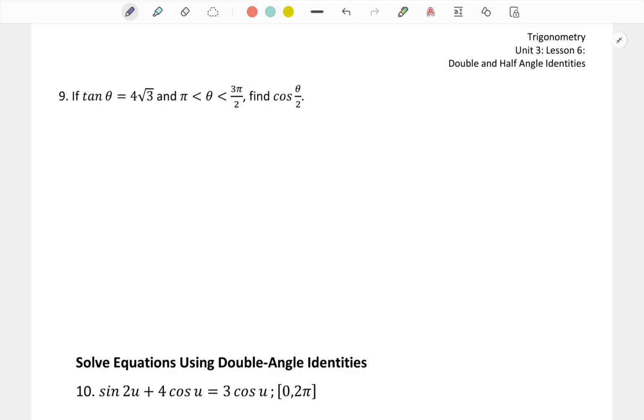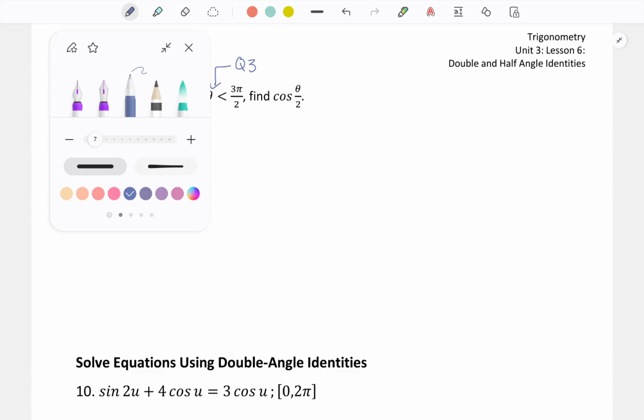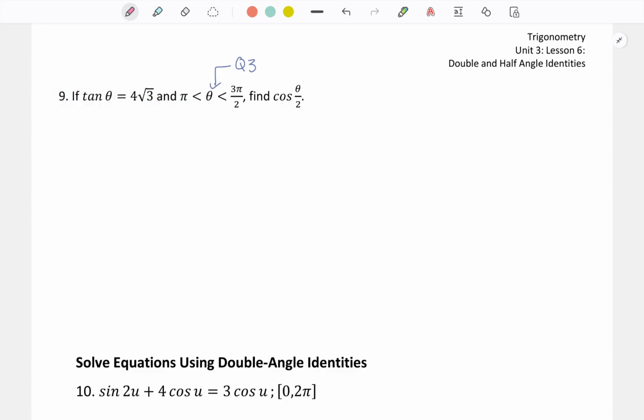So for number 9, we have the tangent of theta is 4 square roots of 3, and theta is between pi and 3 pi over 2. So right now, theta is in quadrant 3. So this is one I definitely wanted to look at because obviously the last two, we've kind of just been able to cut the quadrant in half and we know where we were. We don't have a quadrant 1.5.